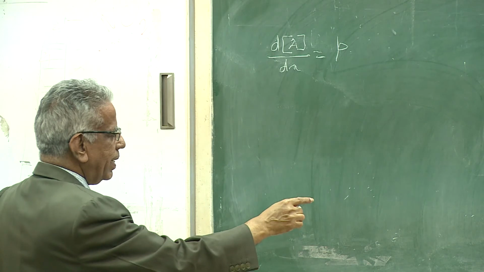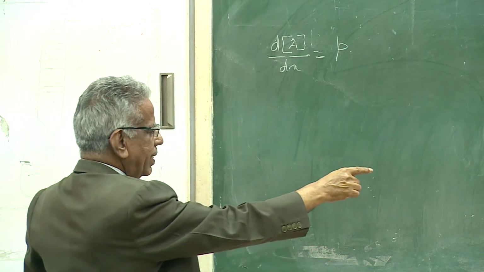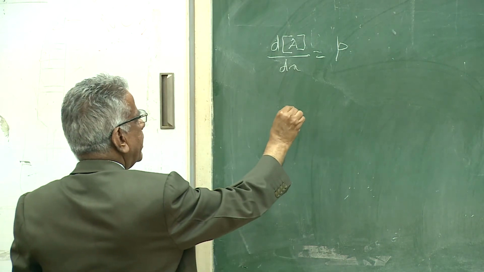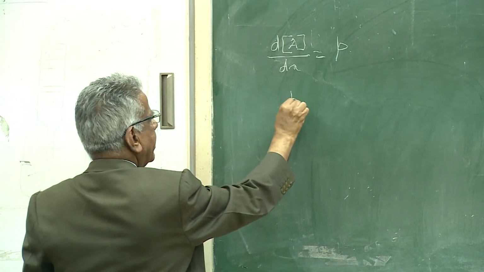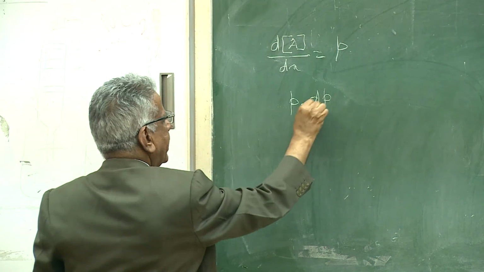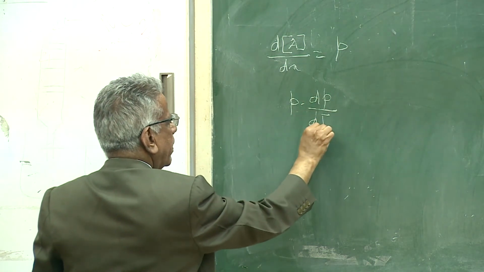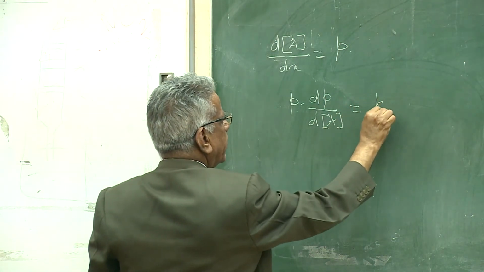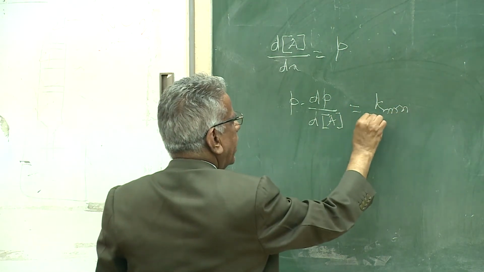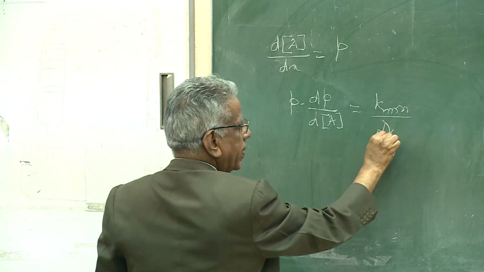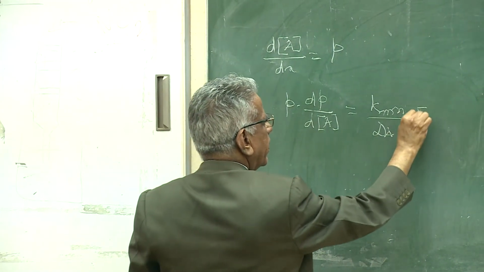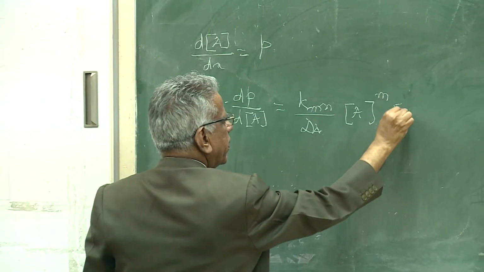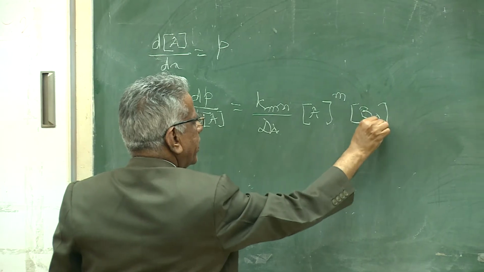So, the left hand side we can write p dp by dA is equal to Kmn upon diffusivity, A raised to m, B naught raised to n.